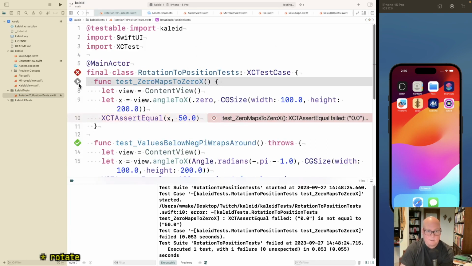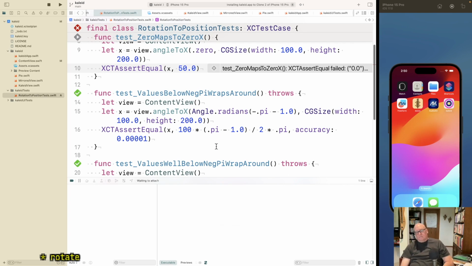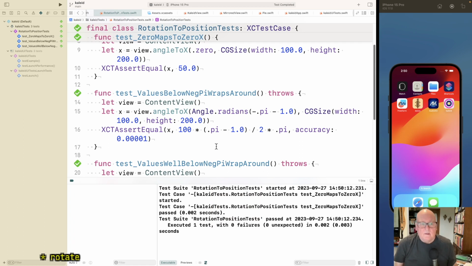Okay, I think this will pass. Okay, now, well, these other two should fail now.